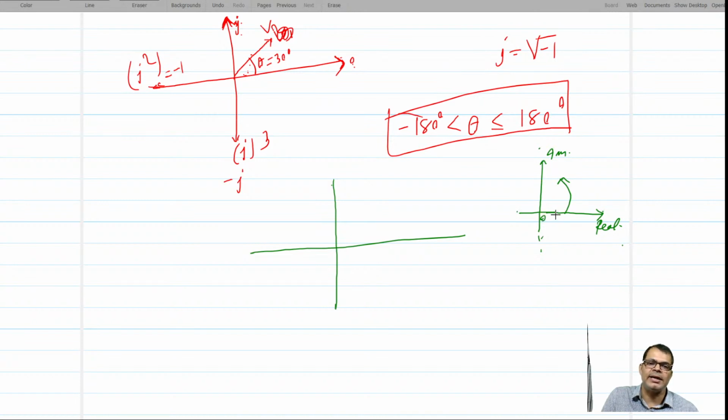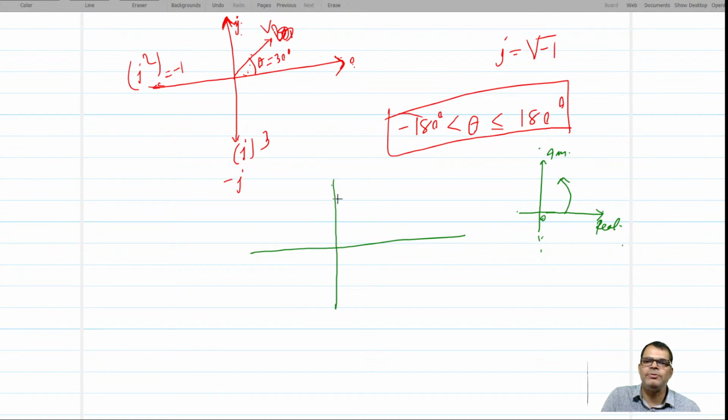Many students don't know how to measure the angle of a phasor. Angle is always measured from the positive real axis.